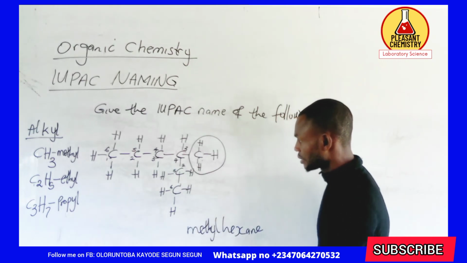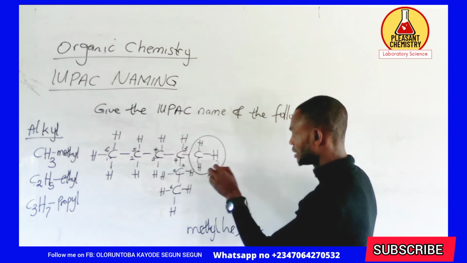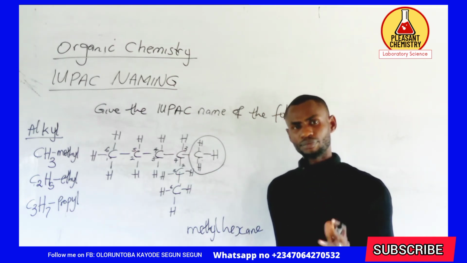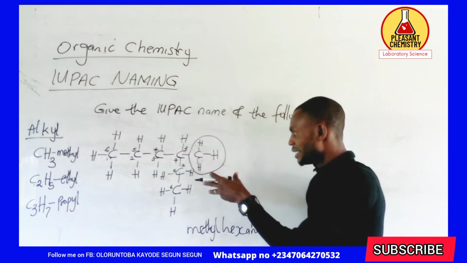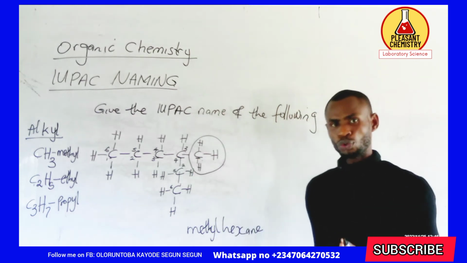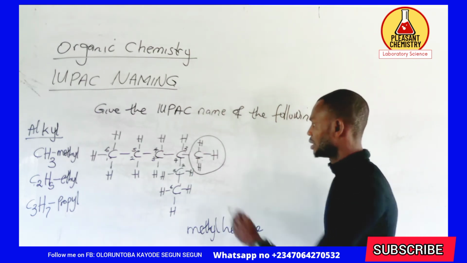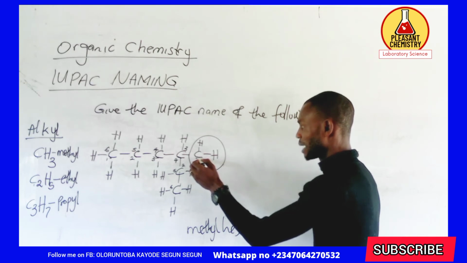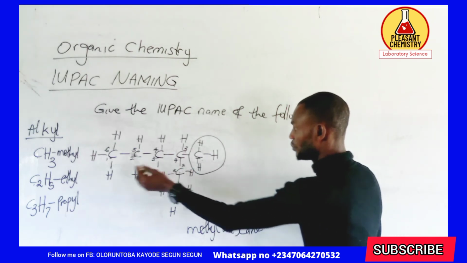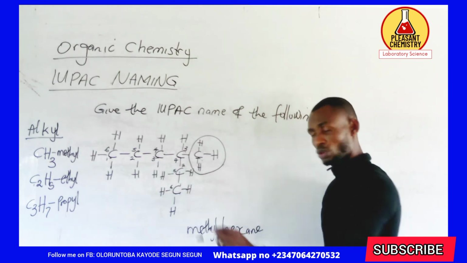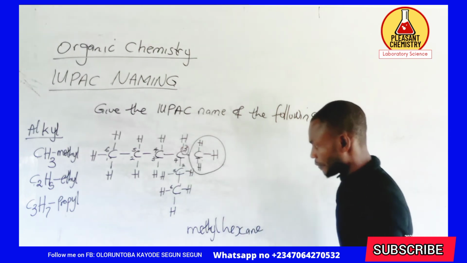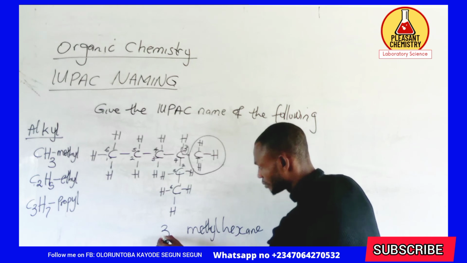If you start counting from this place, this methyl falls on carbon number 3. And the rule says that we must pick the lowest number that this methyl falls on. I repeat, the number must be the lowest. So 4 is higher than 3, so we will not go for 4, we will rather go for 3. So this methyl falls on carbon number 3, and that's why we indicate 3.